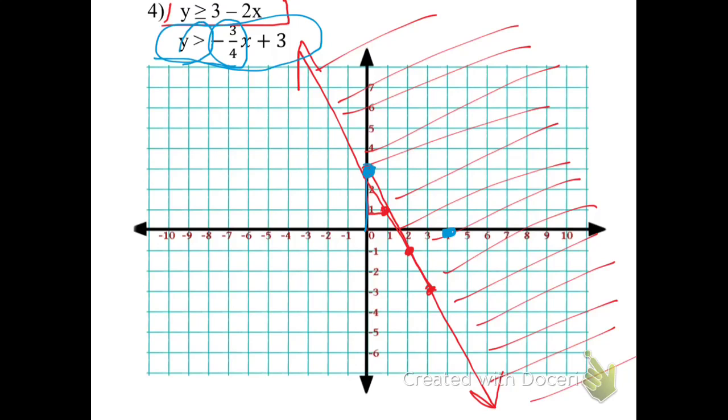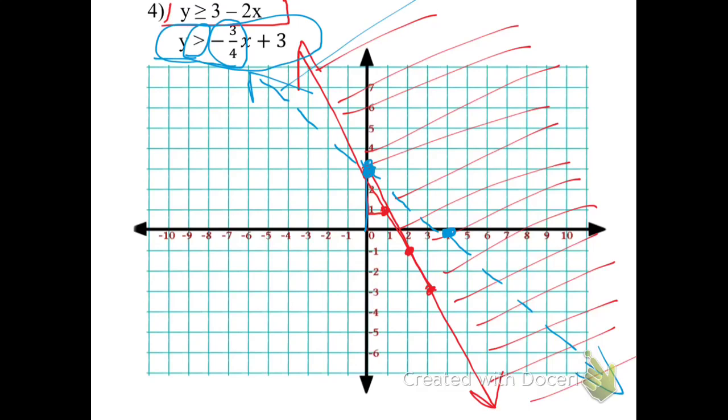Look closely at your inequality. It is strictly greater than, has no equal to part, so we're going to make a dashed line that goes through the points. And it's going to look something like this. And this inequality is strictly greater than. So if you go to the y-intercept, the greater than direction is that way, up.